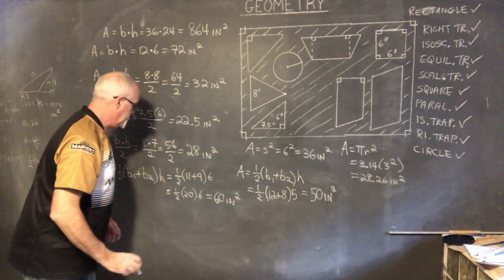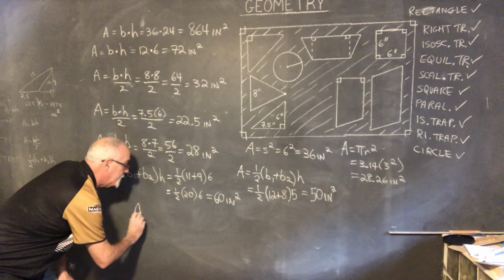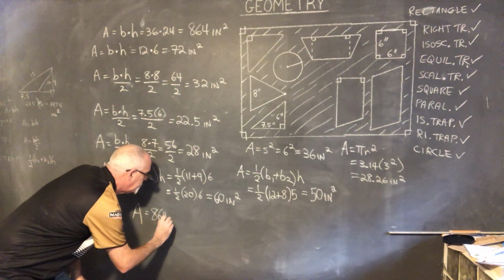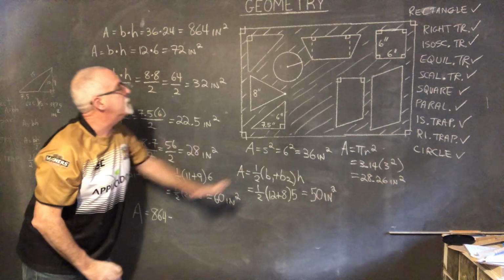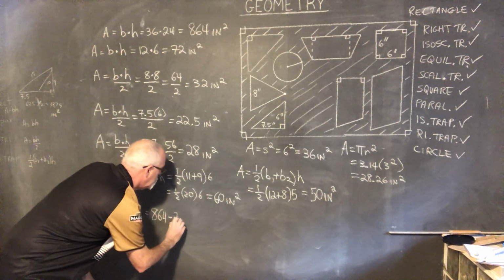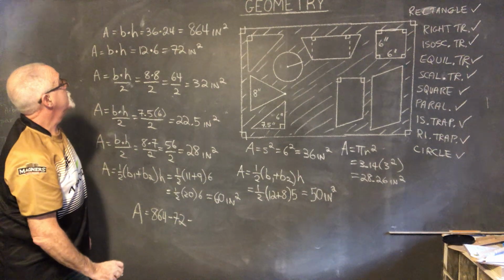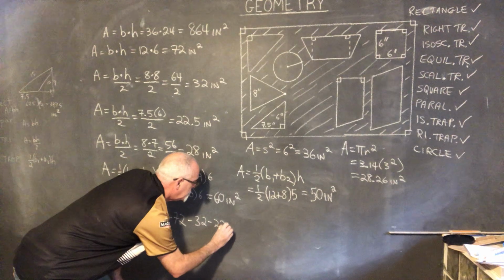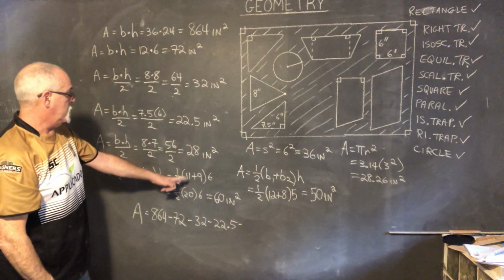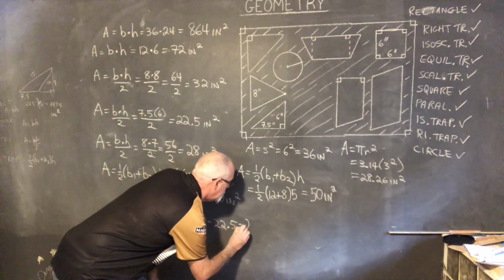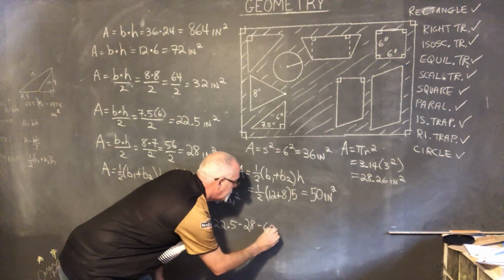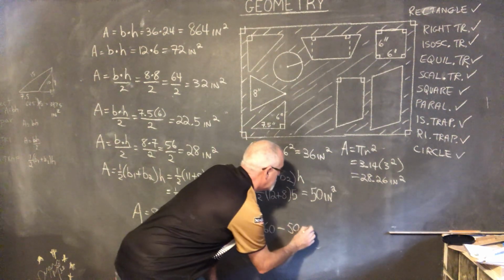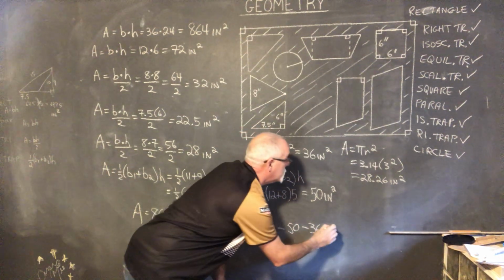So let's write it. Okay, final area is equal to rectangle's area, which is 864, minus, okay, let's go this way so that I don't forget anything, minus 72, minus 32, minus 22.5, minus 28, minus 60, minus 50, minus 36, minus 28.26.